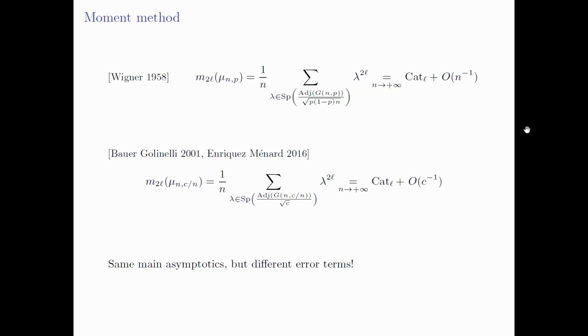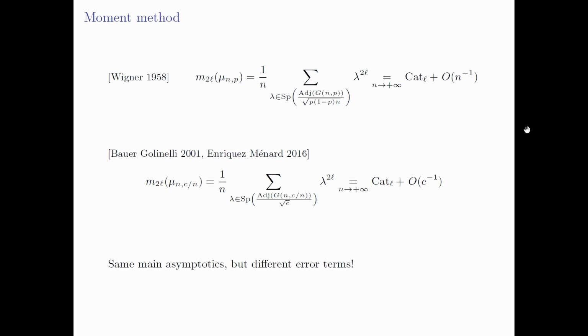So we saw in the talk of Michael yesterday that to investigate a distribution, a good idea is to look at the moments. So it was actually what Wigner did. He looked at the moments of the empirical spectral distribution.